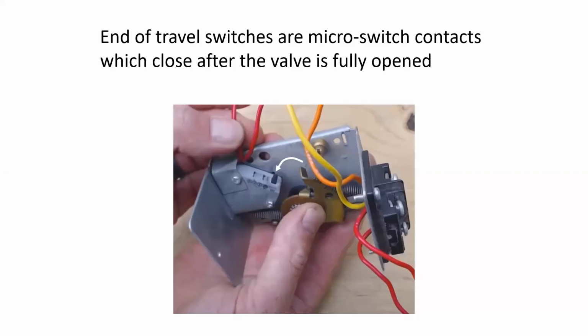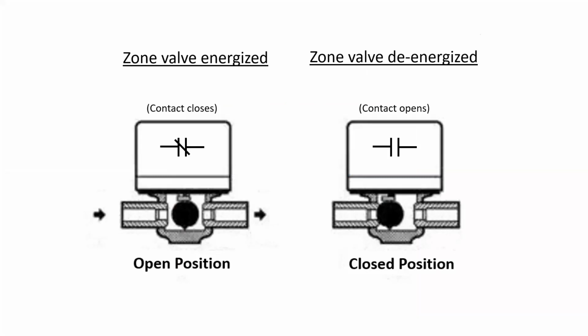The small lever that we see here will slowly push on the micro switch and depress it fully when the gearbox has finally opened the valve completely. So what we could look at for the contact in the micro switch is that when the zone valve is energized, the contact closes. And when the zone valve is de-energized, the contact opens.